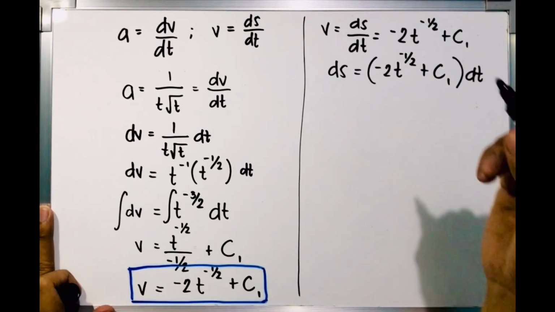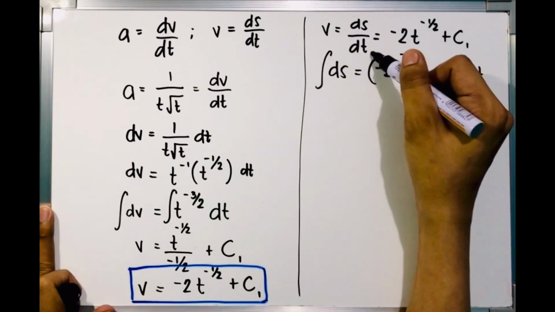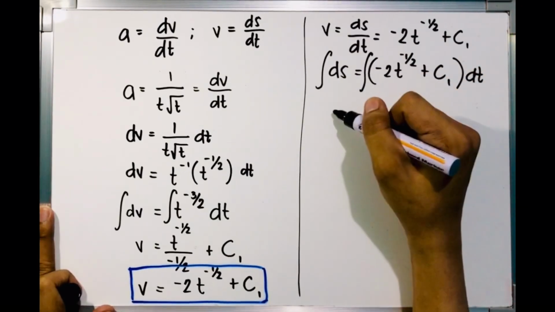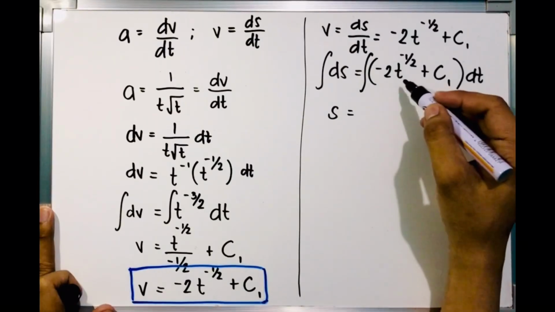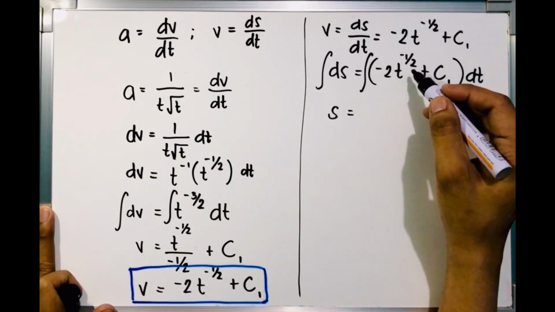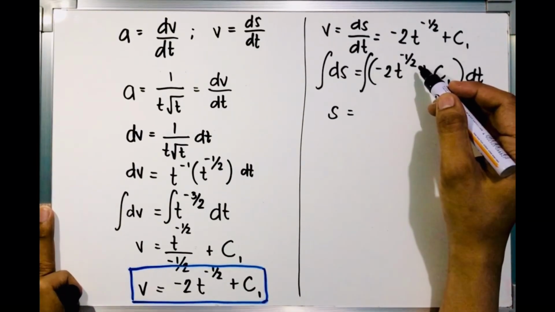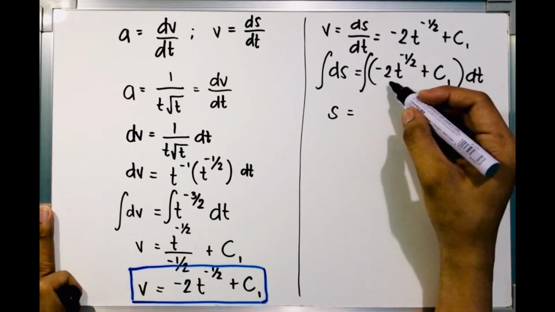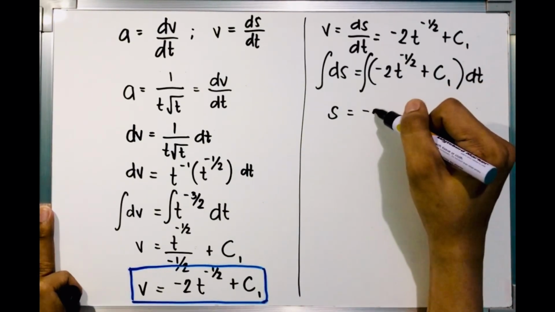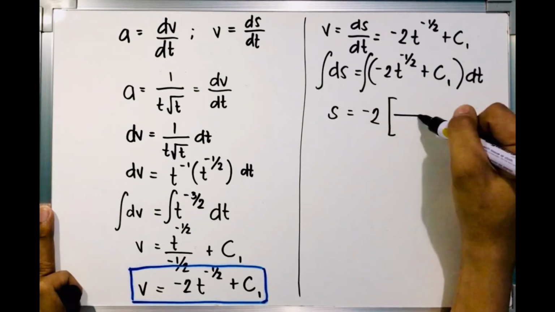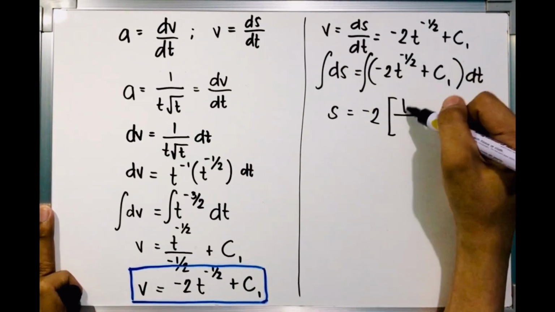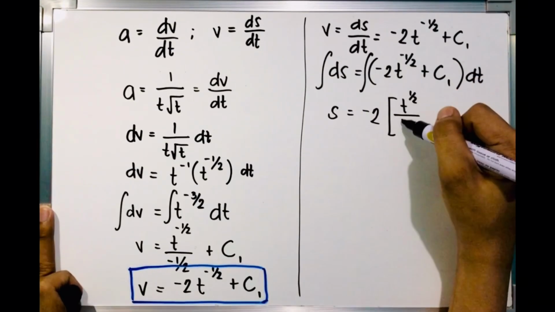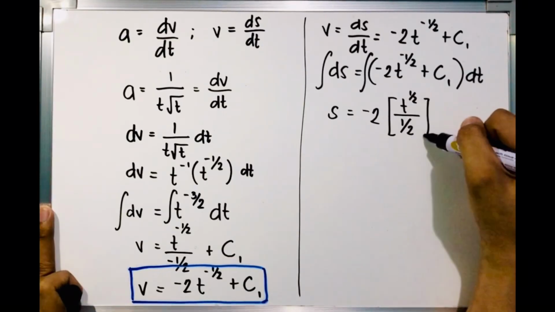So, applyan na natin ngayon ng integration. So, I will get s here, and integral of negative 2t to the negative 1/2, edi kung magpa-power rule tayo dito, ilalabas lang natin yung negative 2, at magkakaroon siya ng t to the negative 1/2 plus 1, that's t to the 1/2. Maglalagay ako ng 1/2 sa denominator.